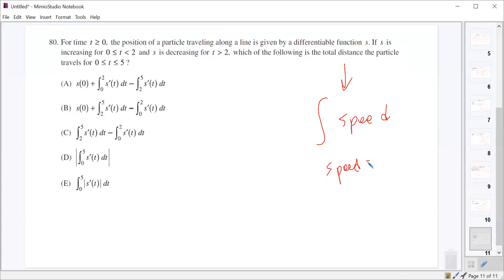Speed is the absolute value of velocity. Velocity is the derivative of position. So if we want to know the total distance the particle travels from 0 to 5, it should be an integral from 0 to 5 of the absolute value of s prime of t dt.